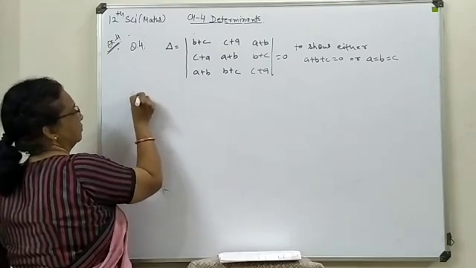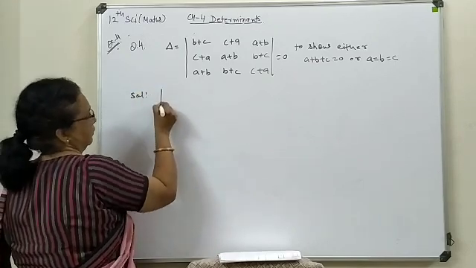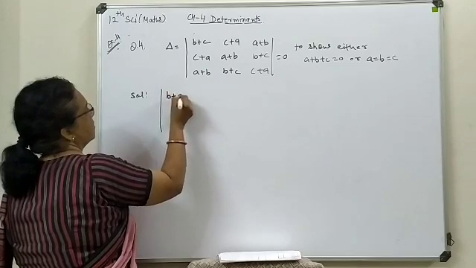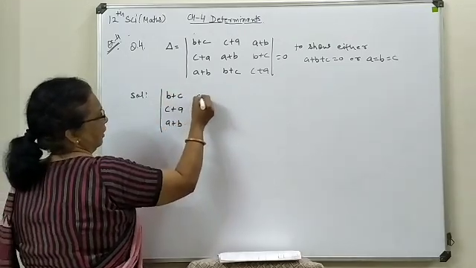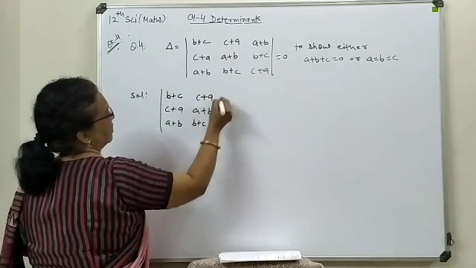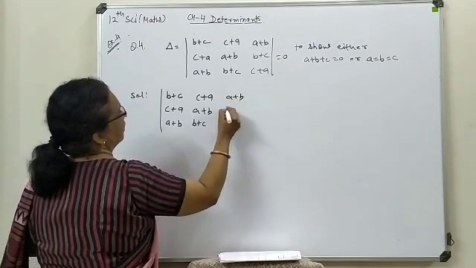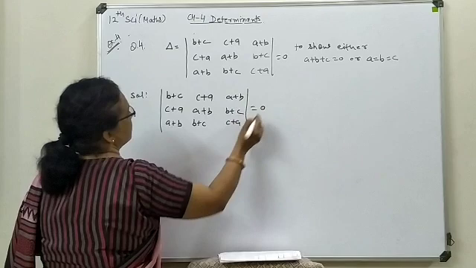The determinant: b plus c, c plus a, a plus b; c plus a, a plus b, b plus c; a plus b, b plus c, c plus a, and this is given as 0.